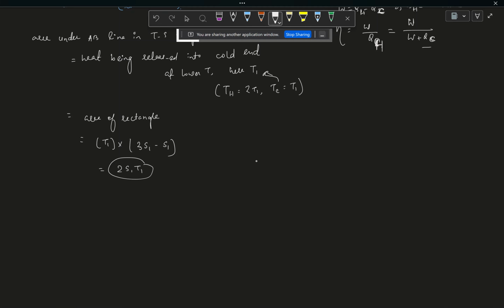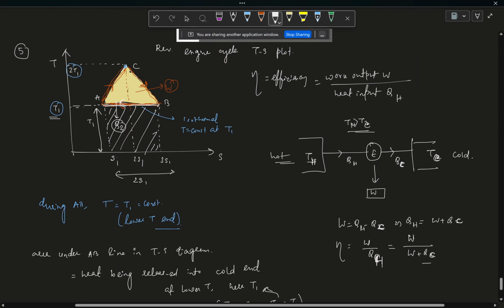This has been the QC part, that is the heat that is being dumped into the cold body. Now you are yet to calculate the area of the triangle, which is your work done from the TS diagram. The area of the triangle ABC equals the work done by the engine, that is W, which is half into the base length AB into the actual height, which is, let's say this is O, so this is OC.